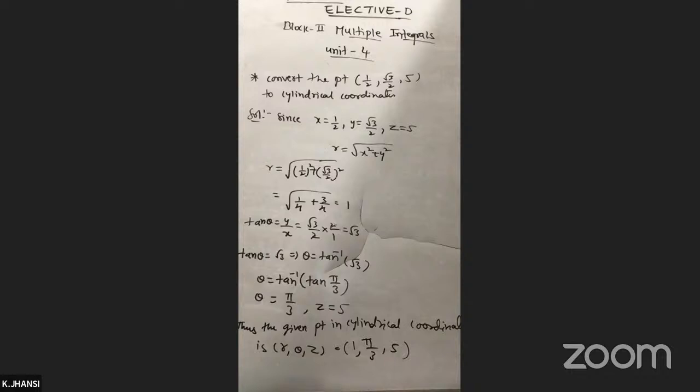So tan and tan inverse both get cancelled. So theta will be pi by 3. And from the given point, the z value is 5. So the given point in cylindrical coordinates is r comma theta comma z. So r is 1, theta is pi by 3 and z value is 5. Okay. So this is the conversion of the given point into cylindrical coordinates.